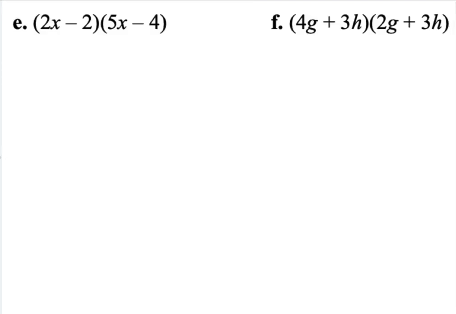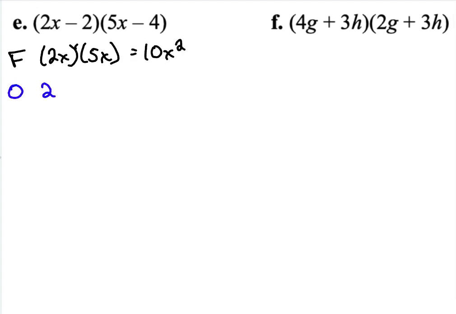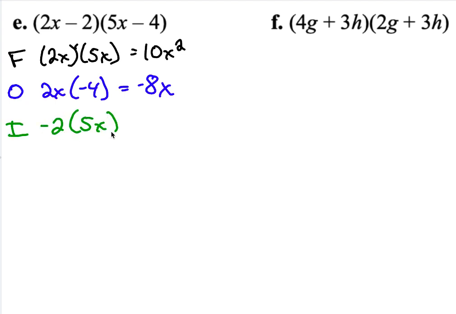All right, so first is my 2x times my 5x. That gives me 10x squared. My outside is 2x times negative 4, which is negative 8x. My inside is negative 2 times 5x, which is negative 10x.